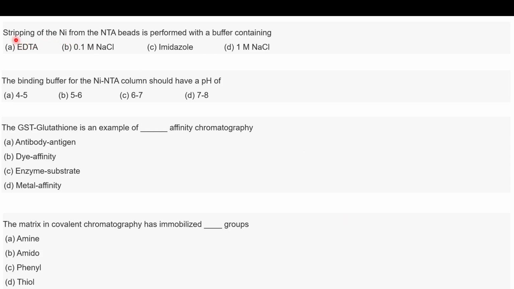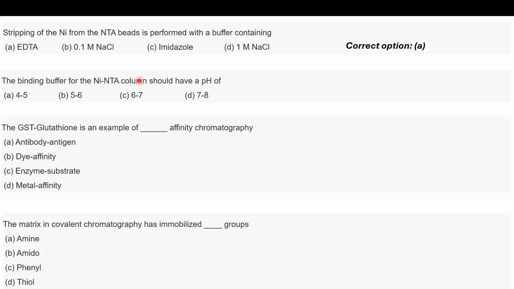Next, we just talked about regenerating the nickel NTA columns, right? Stripping of the nickel from the NTA beads is performed with a buffer containing, yes, it will chelate out the nickel ions.